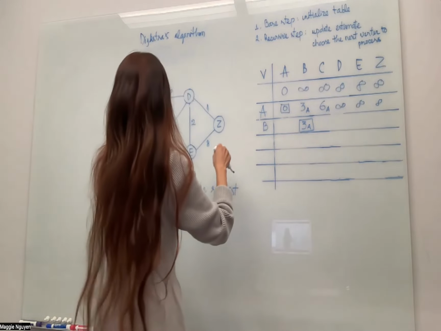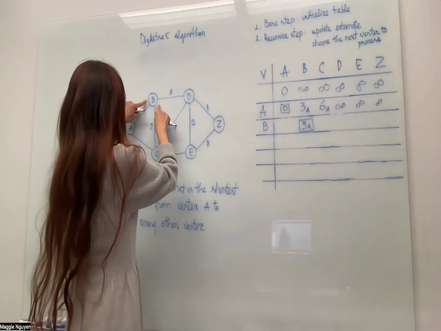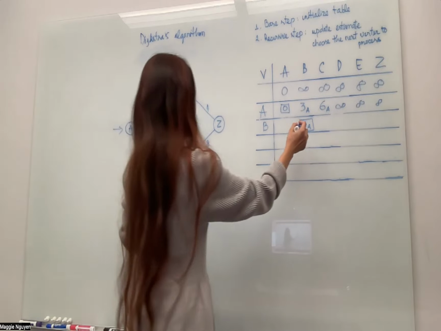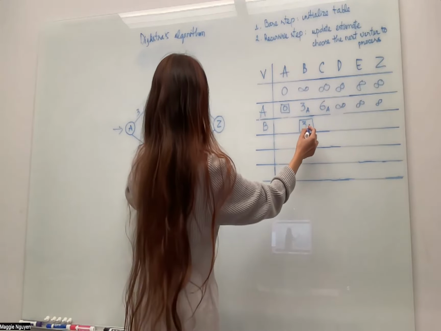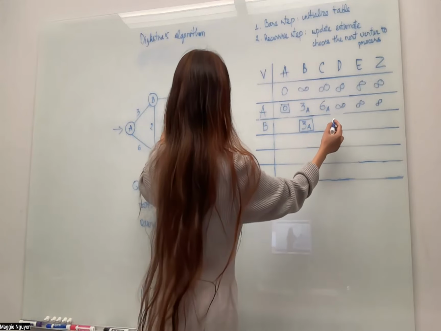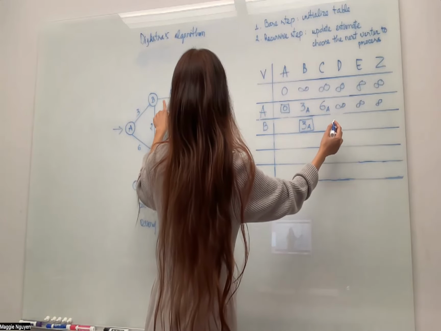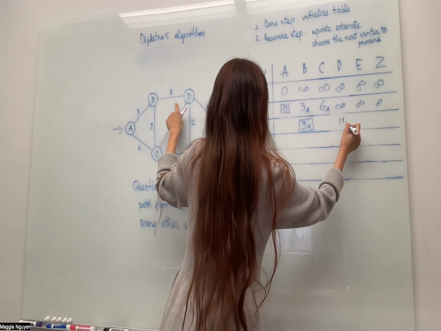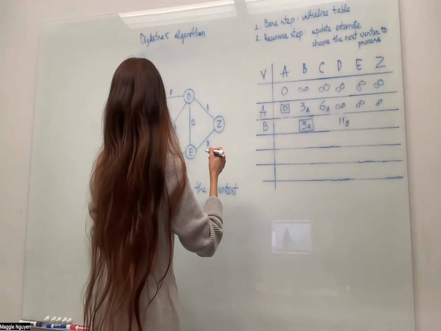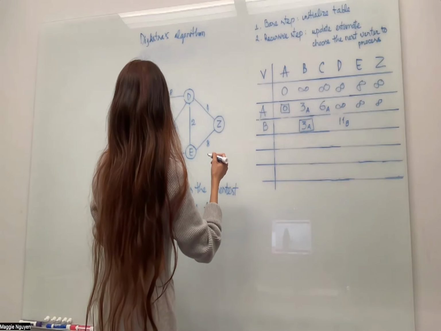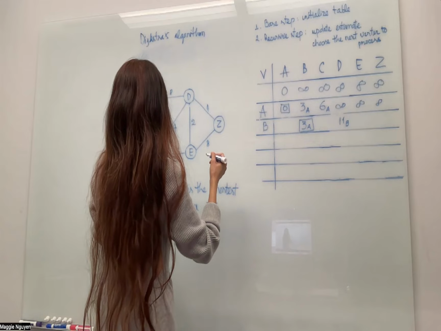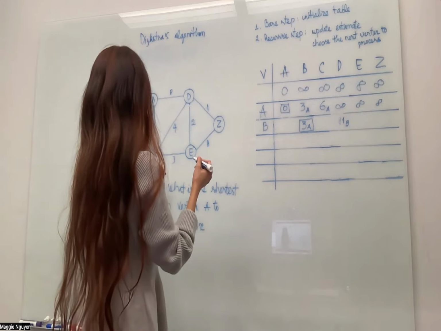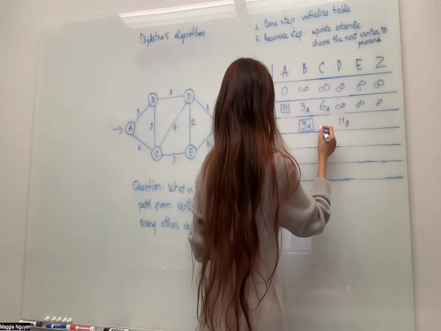From B, we can go to D, we can go to C. B going to D is 11 from B. Same thing to C, C can have 5, but 5 is smaller than 6.